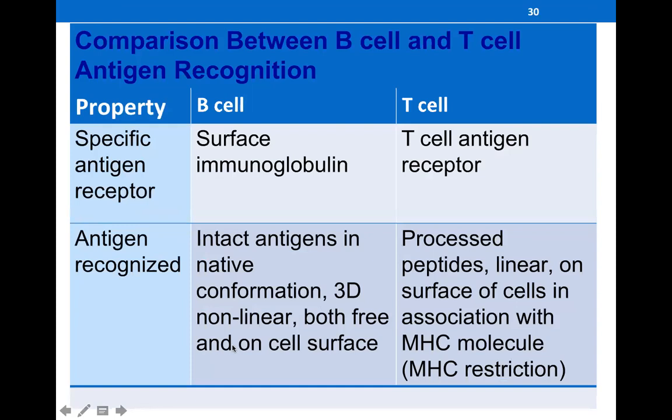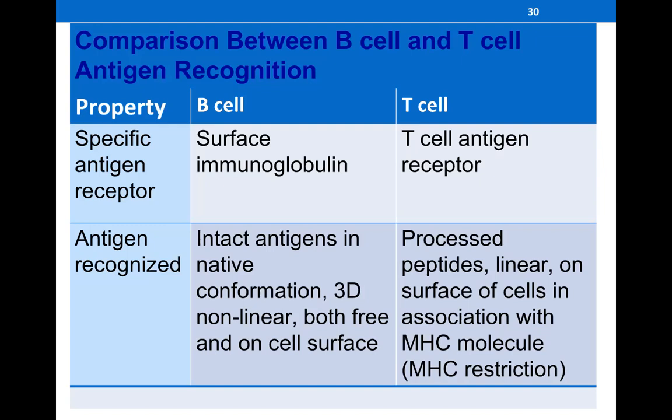Okay, so as mentioned a while ago, so many times, let's differentiate a B cell and T cell. So basically, the properties such as your specific antigen receptor, your B cells, they provide antibodies, so they are their surface immunoglobulin. Immunoglobulin is also known as your antibodies. In your T cell naman would be the T cell antigen receptor.